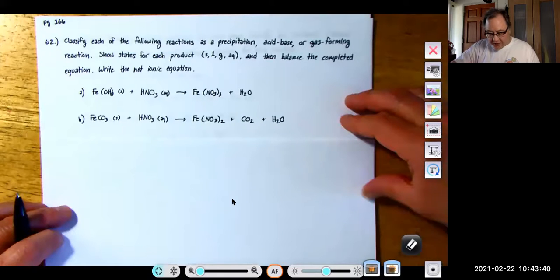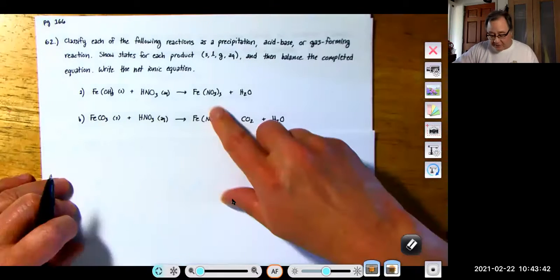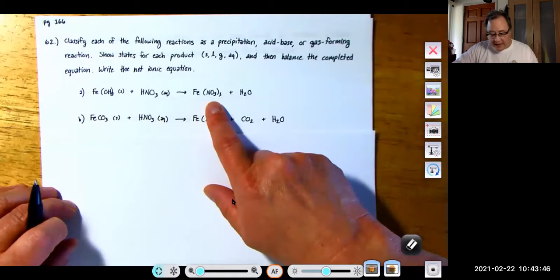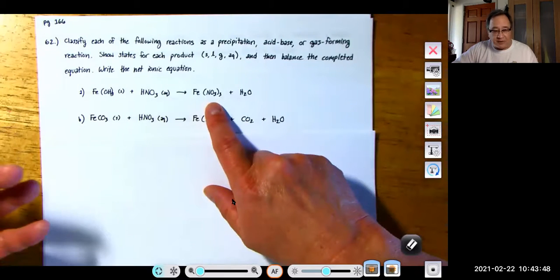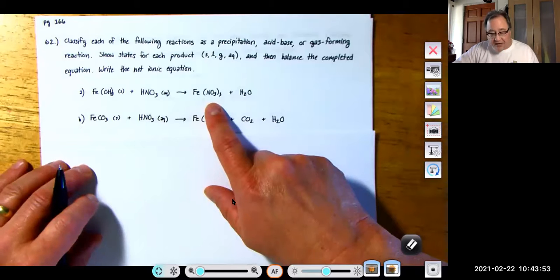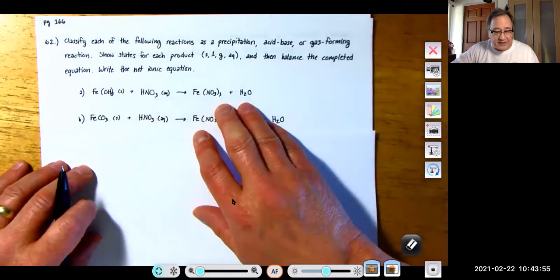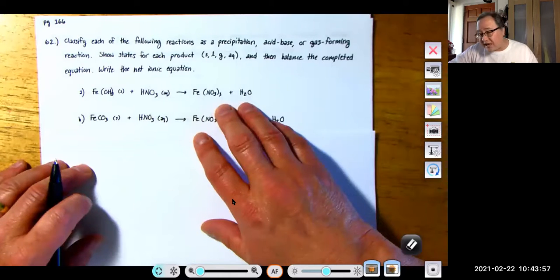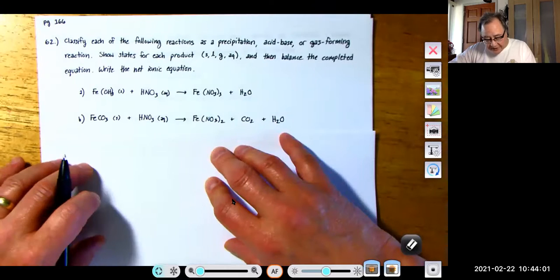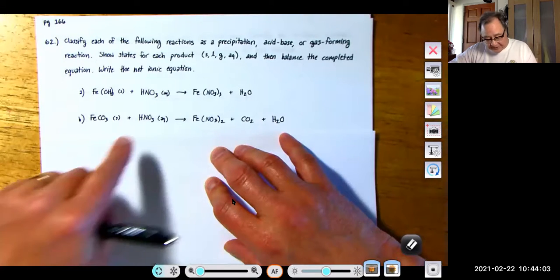First of all, I know this can't be a precipitation reaction because nitrates are soluble. Secondly, I don't think it's a redox because there's no pure element. Thirdly, I don't think it's a gas forming reaction because I don't see one of the gases I would expect to see here, like sulfur dioxide or carbon dioxide. So that only leaves an acid base, and indeed I have an acid and a base.